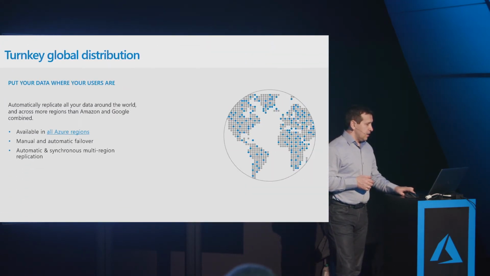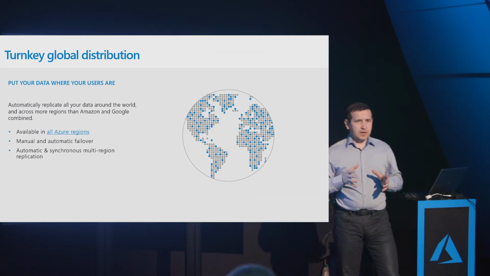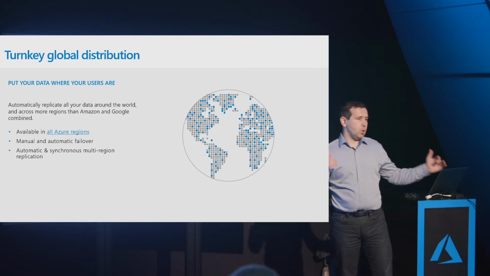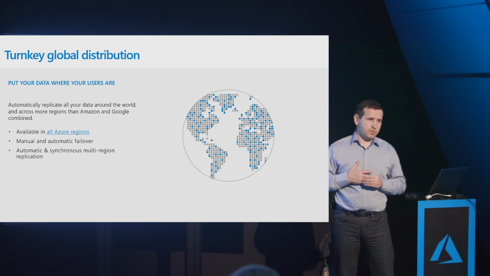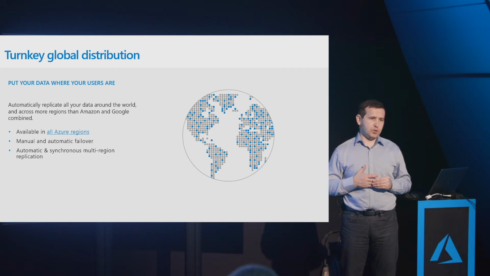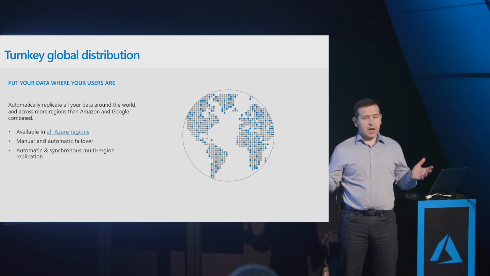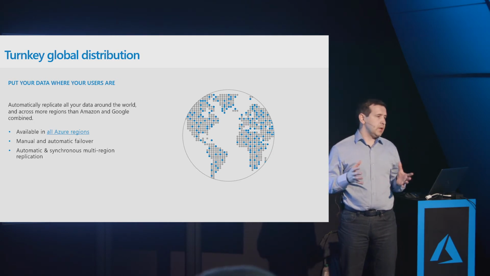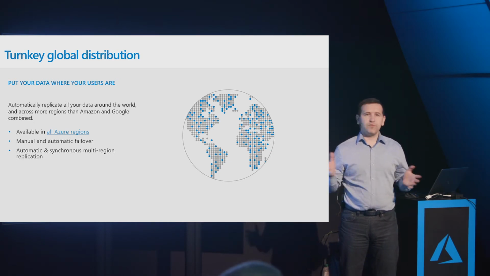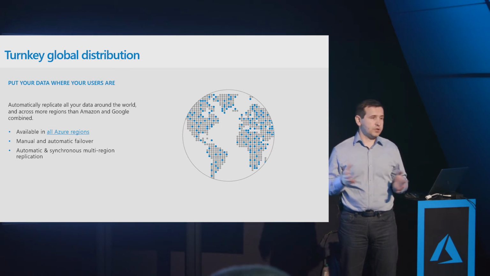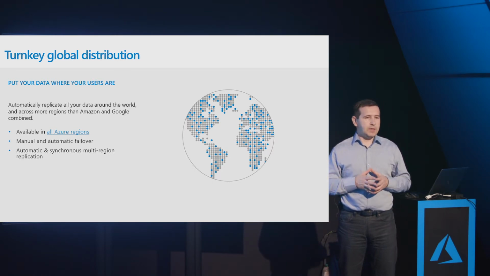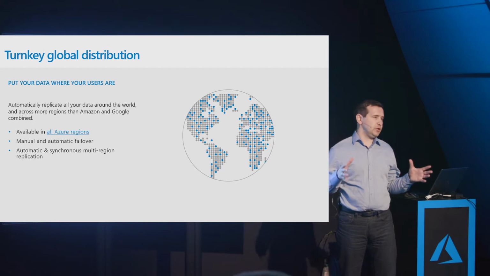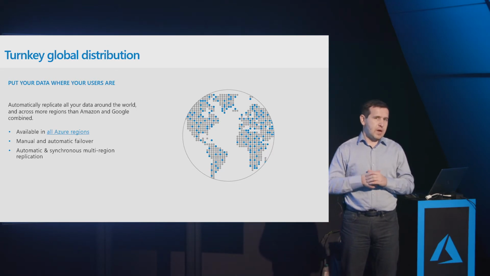Now, what we provide underneath, using all this infrastructure, all the services that we've built, is turnkey global distribution. That is, you can come to the Azure portal, deploy your data, and within a click of a button, distribute it across the globe to all 42 regions if you want, or just to 1 or 2, depending on how many regions you need to cover for your users.